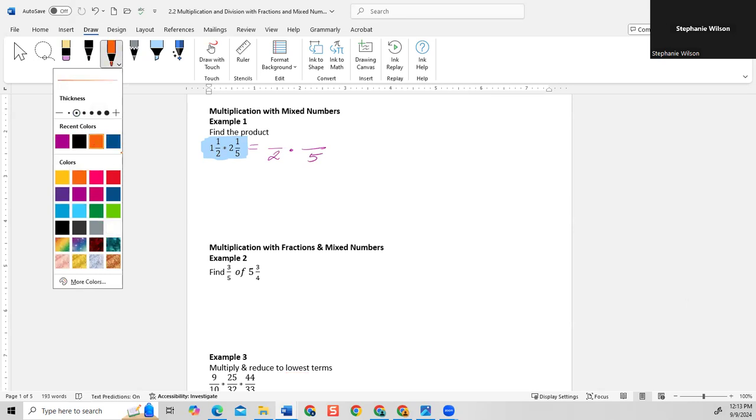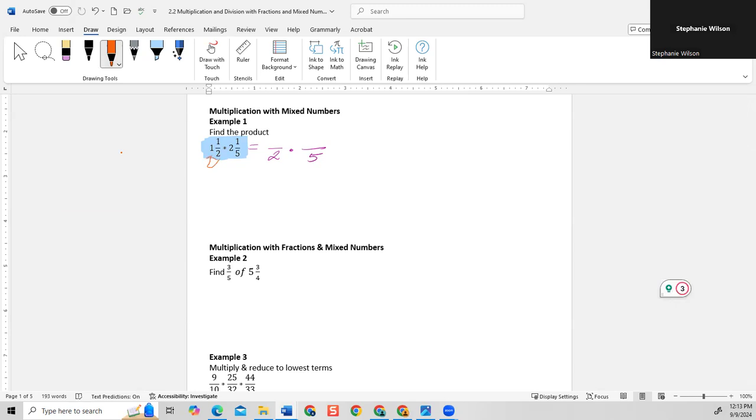Take the denominator, which is 2 here, and multiply it by that whole number, which is 1. So I got 2 times 1, and then I'm going to add it to the old numerator, which is 1 here. So 2 times 1 is 2, plus 1 is 3. So that's my new numerator.